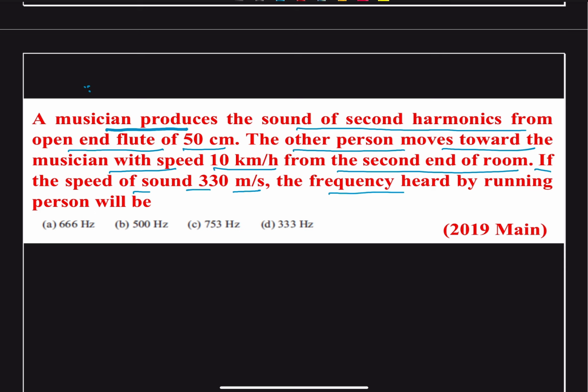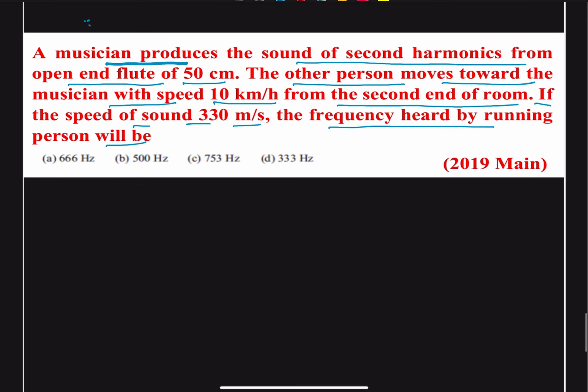So this question is, you can say, a combination of your Doppler effect as well as the harmonics, or you can say wave. And so we are going to start with the wave part, which states that only the second harmonics is being heard by the man, okay?